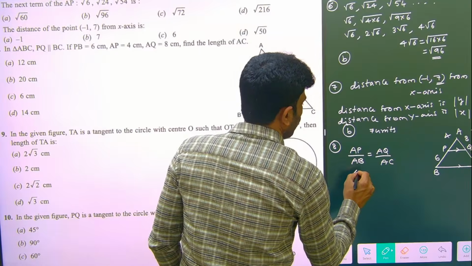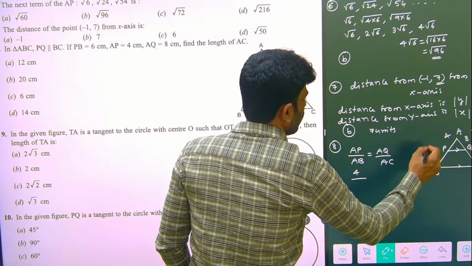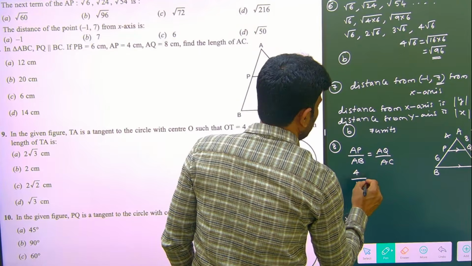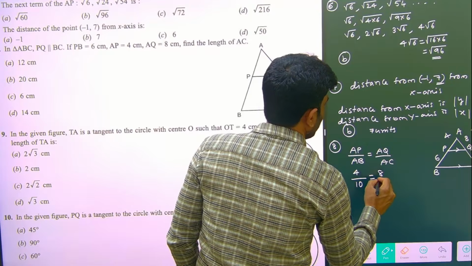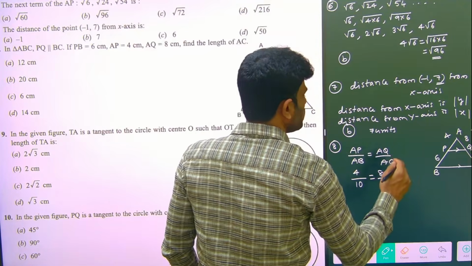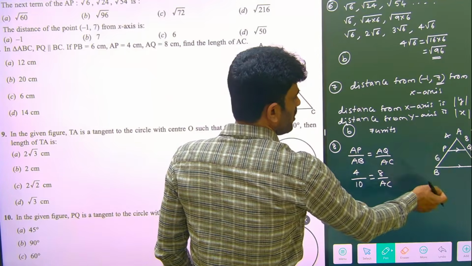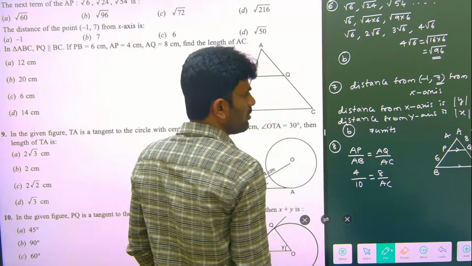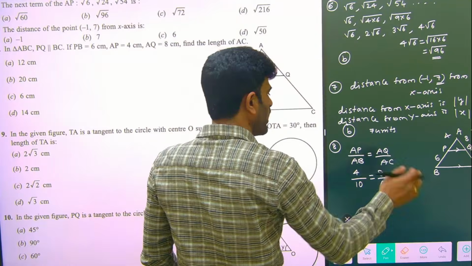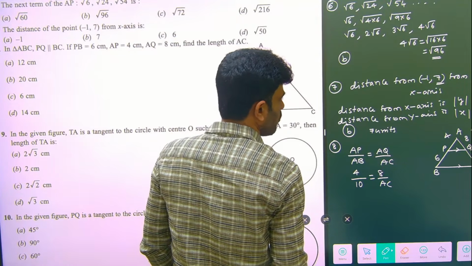So AP is 4, 4 by 4 plus 6, 10, is equal to 8 by AC. If you want QC, you can do AP by PB is equal to AQ by QC. After you get QC, if you add AQ and QC, then also you will get AC.